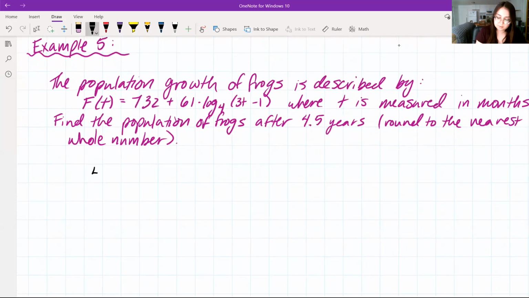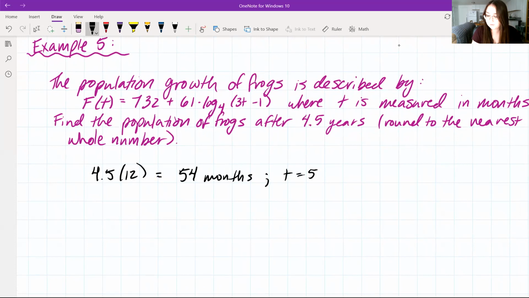So we take 4.5, multiply that by 12, and we end up getting 54 months. So t is going to be equal to 54.